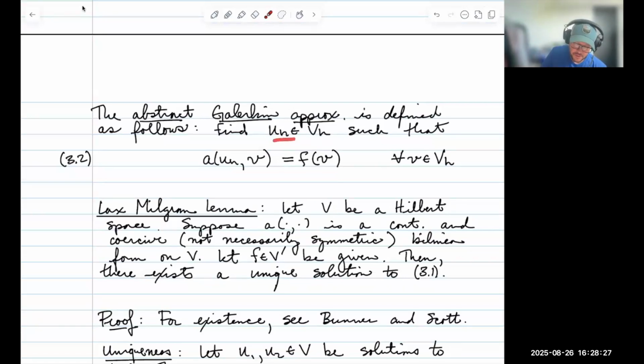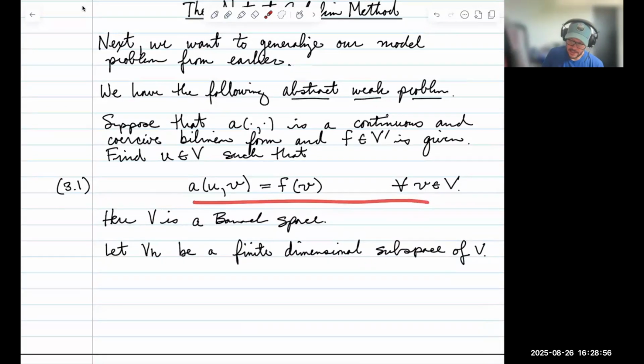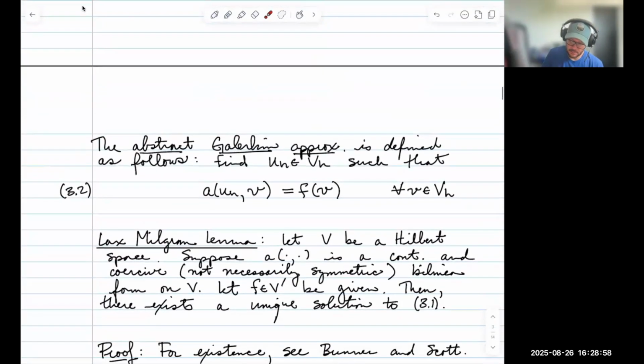Find u_h in V_h such that A(u_h, v) is equal to F(v) for all test functions v, but the test functions here for the abstract Galerkin problem are in V_h. That's our abstract weak problem and our abstract Galerkin approximation of it.